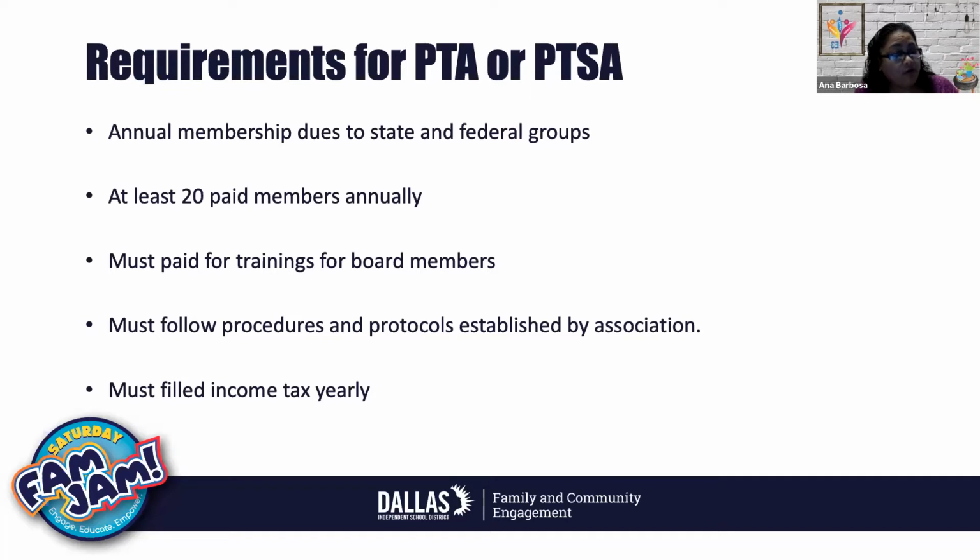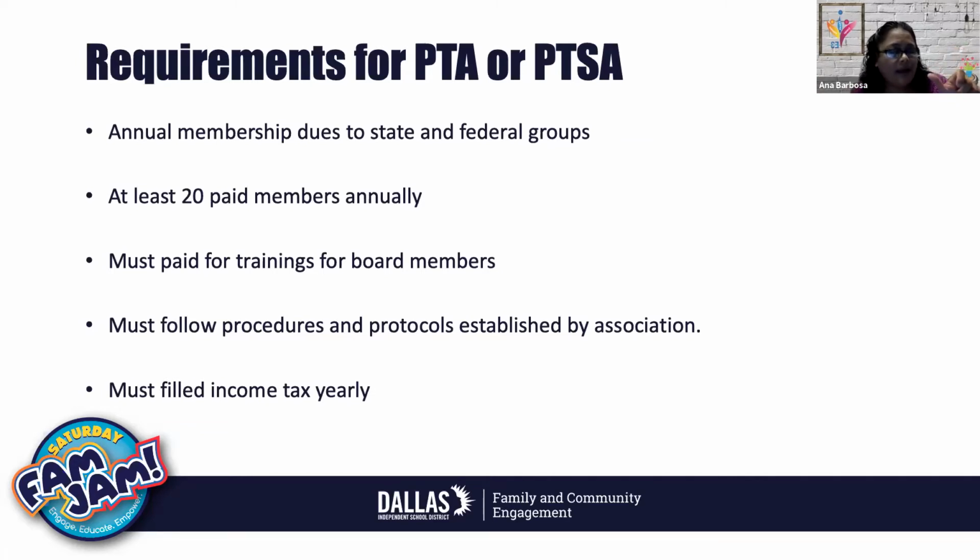You must pay for trainings for your board members only. Like I said, they will come and train you, but you have to pay for your members to go to the board trainings. You must follow procedures and protocols established by the association. You have to follow their rules. They have bylaws that you have to abide by.